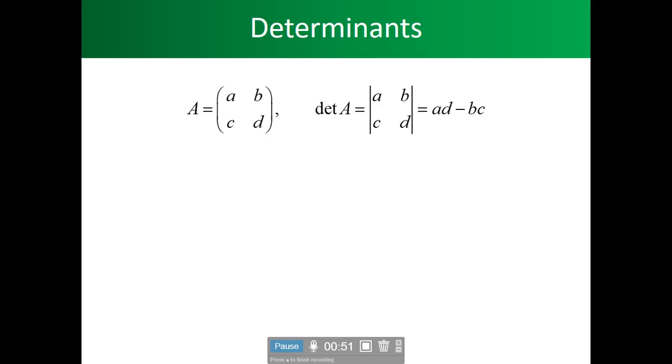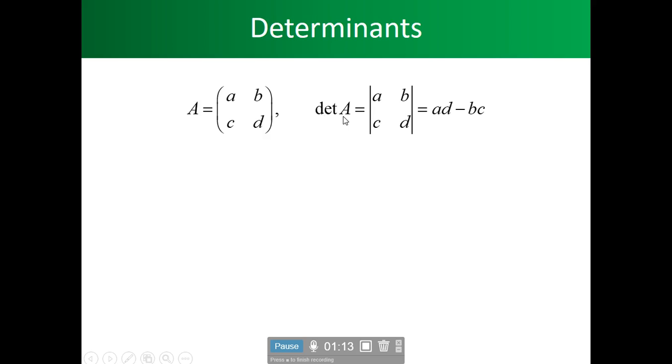Okay, starting off here with determinants, we can see here we have a 2 by 2: 2 rows, 2 columns. That's called the 2 by 2. The first number refers to the number of rows. The second refers to the number of columns.